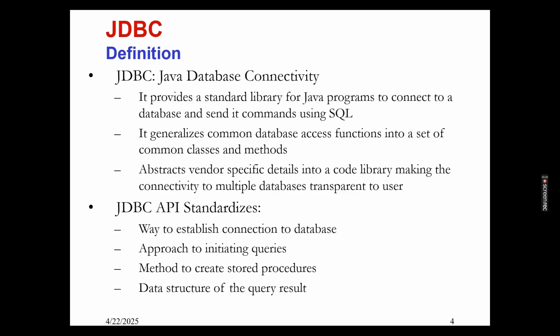Generally we have different types of SQL statements like data definition language statements, data manipulation language statements, and transaction related statements. For these different types of statements we have different APIs for Java databases.